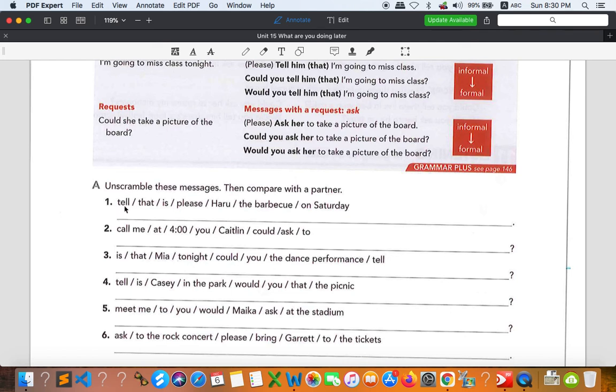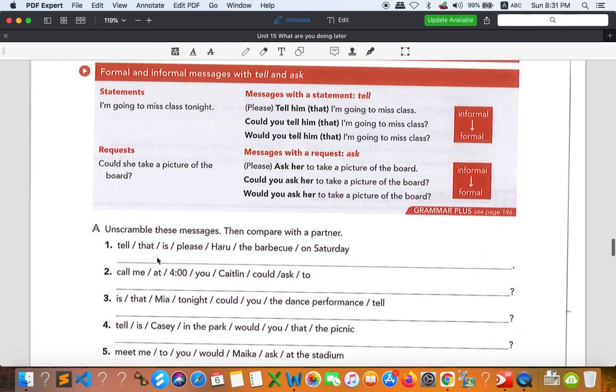That should be a statement, and we use it with tell, so you can say "please tell Haru that the barbecue is on Saturday," full stop. Why? Because we use please. But don't forget that you have to capitalize the letter P. Once again, please tell Haru that the barbecue is on Saturday. Okay? All right, so I leave the rest for you, from number 2 to number 6.